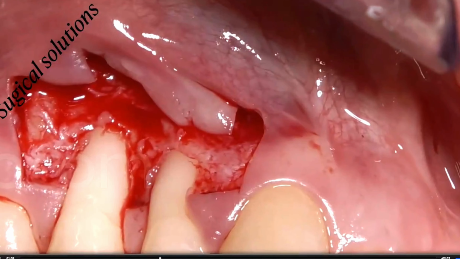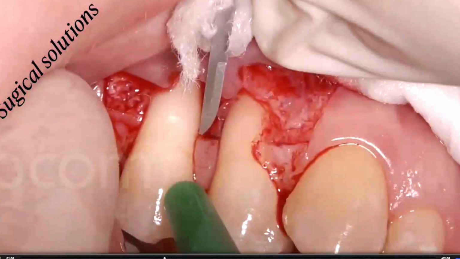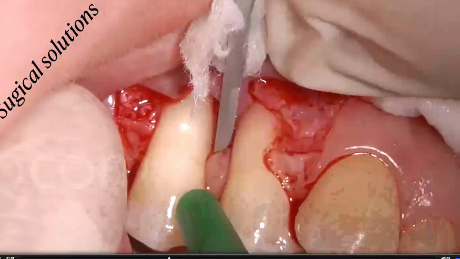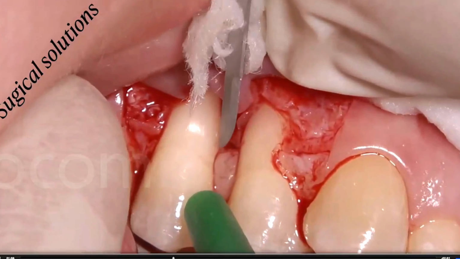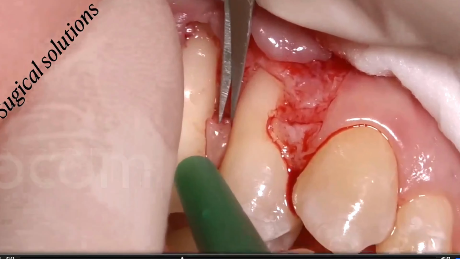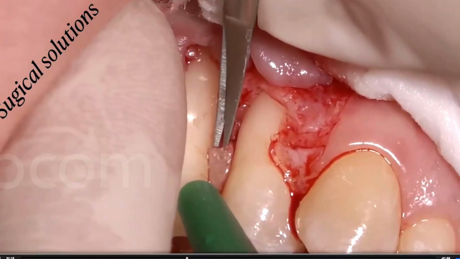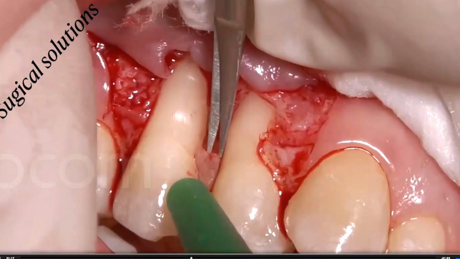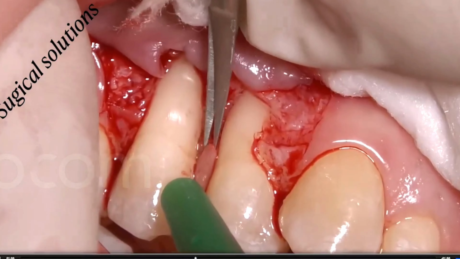Now, disepithelialize this papilla the best you can. The incision is done with a blade, and then you have to buy the right microsurgical scissors that allow you to complete the disepithelialization towards the tip.